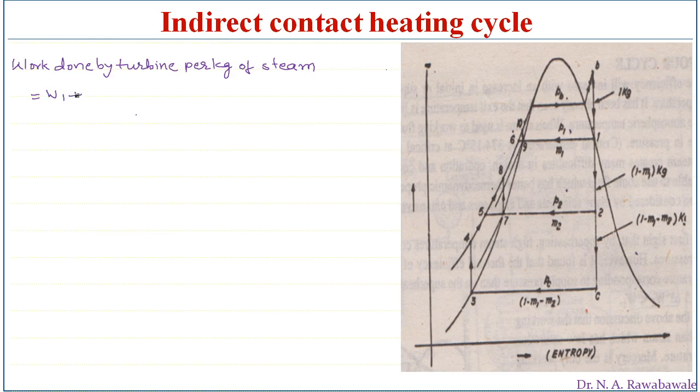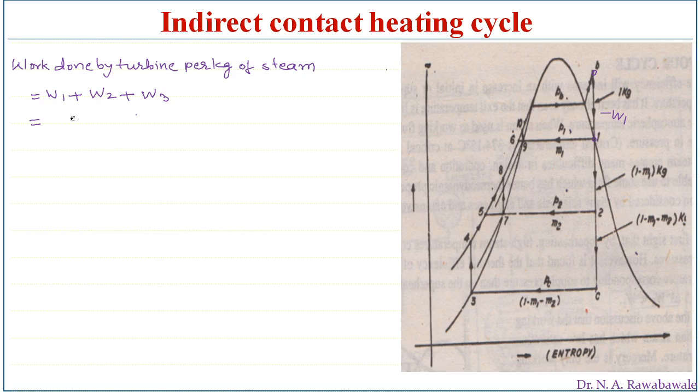W1 plus W2 plus W3. So what is W1? Work done 1. Steam is expanded from point B to 1. Enthalpy at B, enthalpy at 1 can be known.